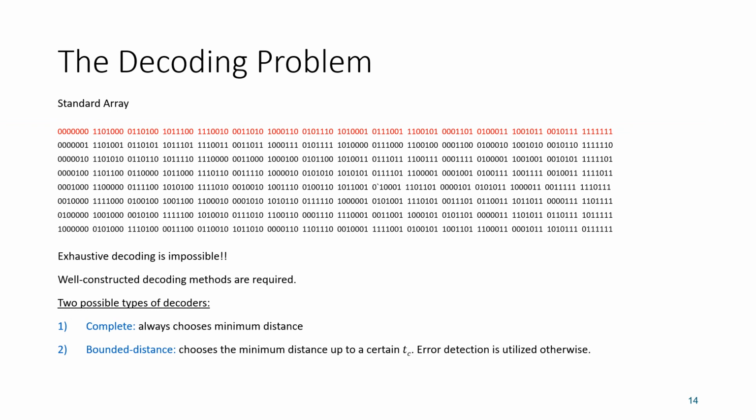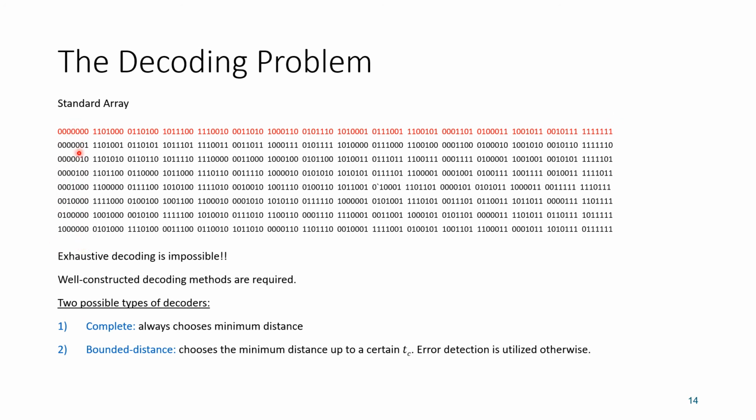For the decoding problem, we can use a standard array where we store the data. For example, in this scenario, we have 128 possibilities, 2 raised to power 7. Those are the valid code words in red, and those are the closest in distance.